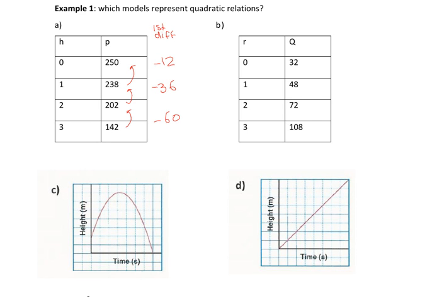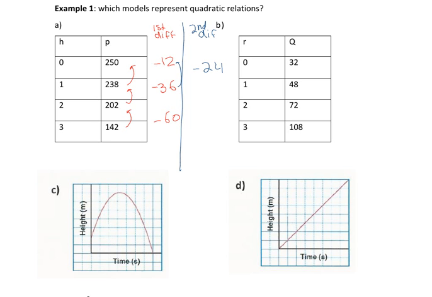Right. So I have to move on to see if the second difference is constant, and if it is, I know it's quadratic. So we're going to do the second difference. To do the second difference, you're going to subtract your first differences. So negative 36 minus negative 12, which is negative 24.